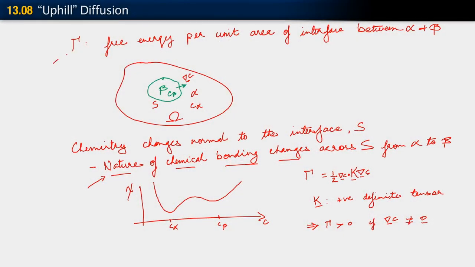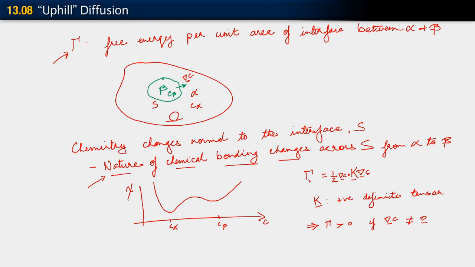Now, the way I've defined gamma up here is to say that there's a free energy per unit area of interface. But what this type of formulation allows us is the idea that you can sort of smear out this interface.